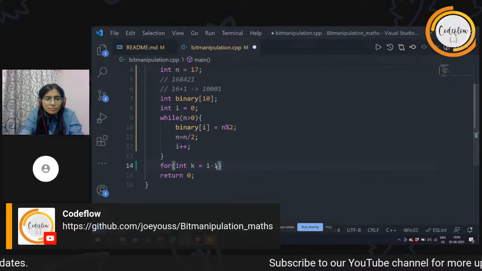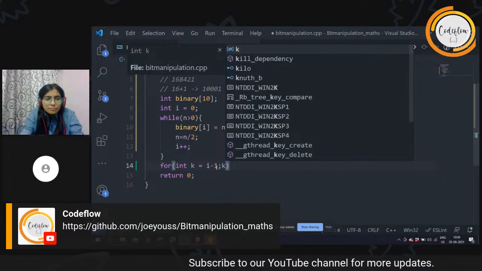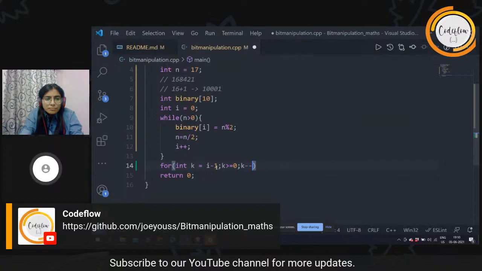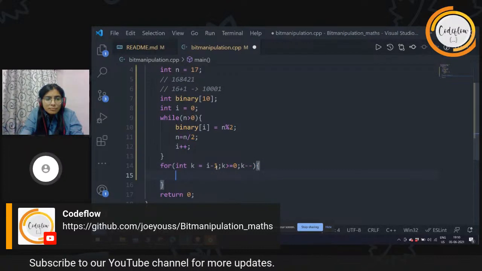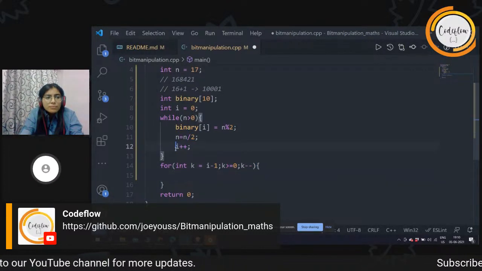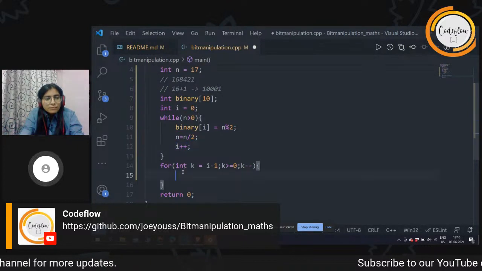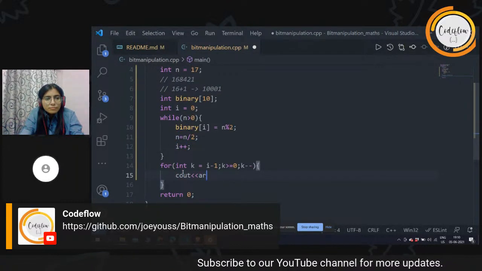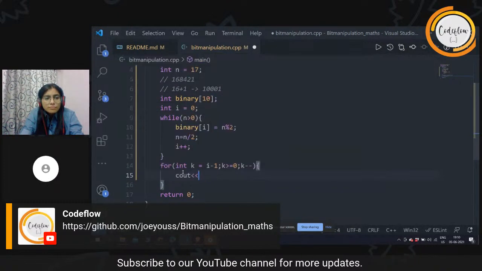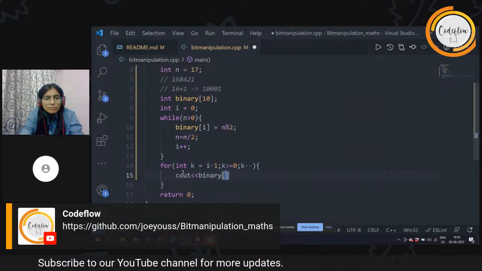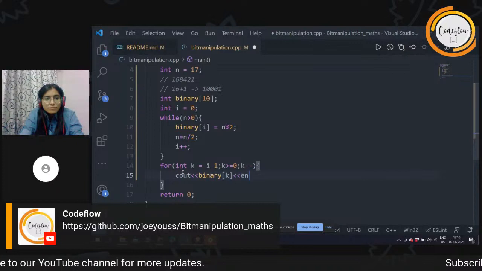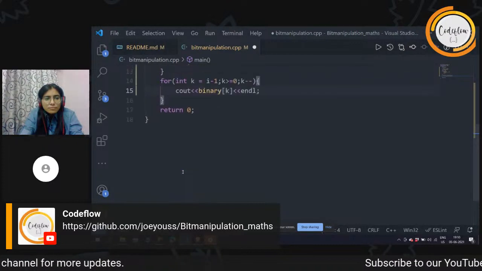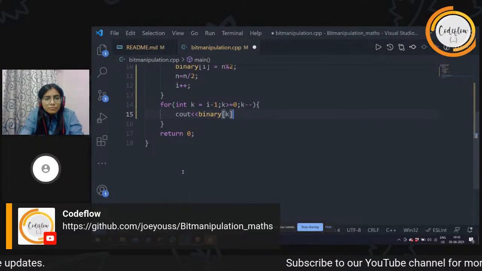So currently my last element is lying at index i because I did i plus plus. And from there to 0, I want to print the values, binary of k, not just endl, we want it in a single row.